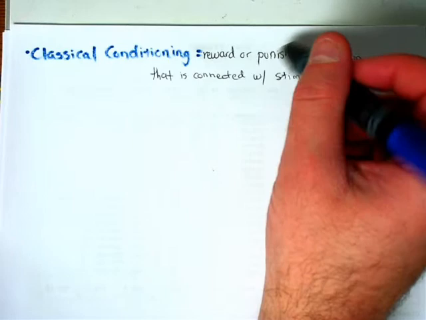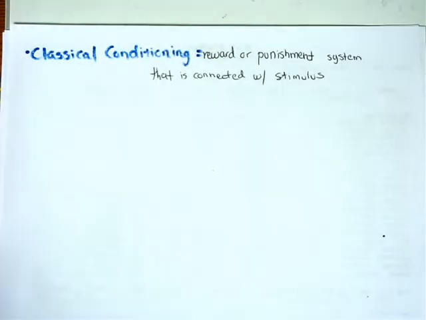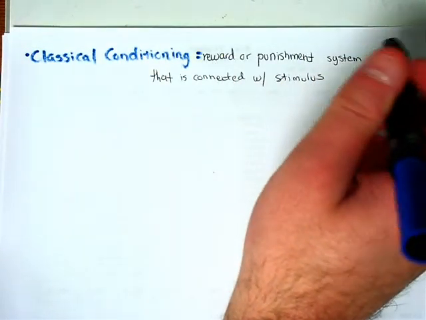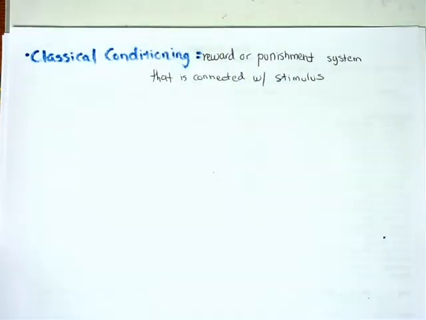The book always phrases it as a reward or punishment, and they do the same thing with the next one, which is operant conditioning. I would just say it's either something positive that's received or something negative. If you think about it, everything that happens to you is either good or bad. So you could just say that there's an event that occurs to you that's connected to a stimulus.